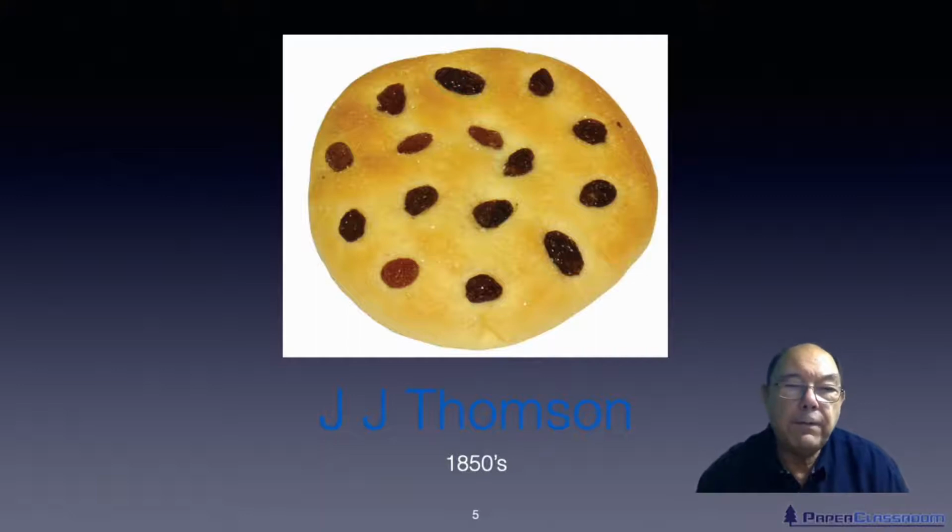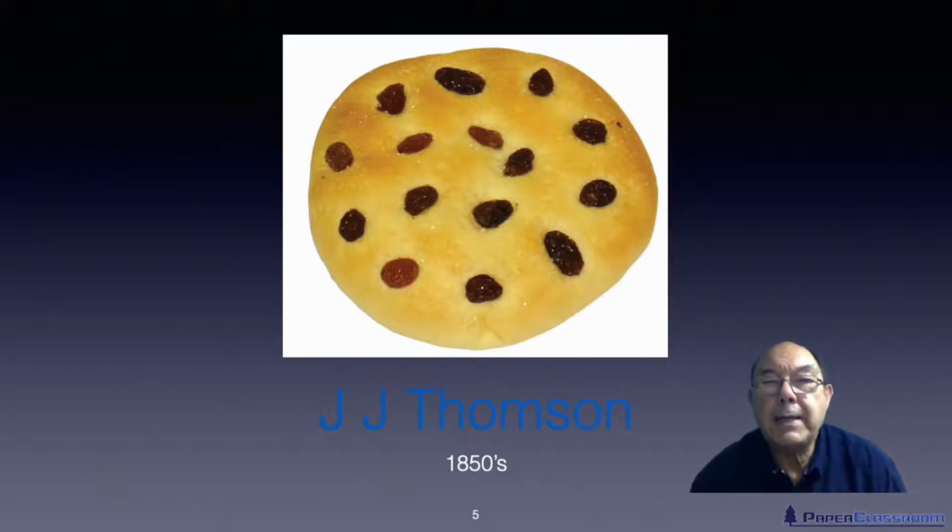And in the 1850s, J.J. Thomson came up with the very first idea of what an atom might be like. A common picture is a Christmas pudding, and it was known as the Plum pudding theory. It's also known as the currant bun theory or the raisin bun theory, as you can see here.